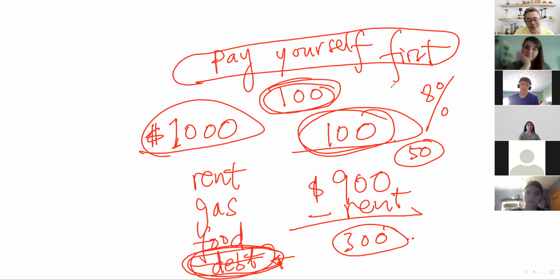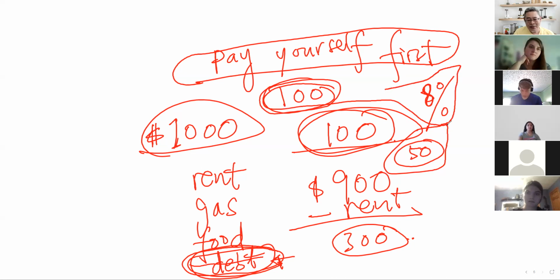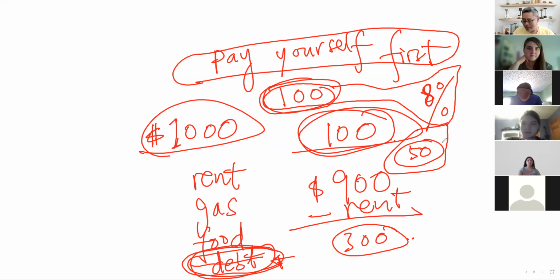Not that much, right? $100 per month. You guys can do that, right? Yeah, that's actually pretty realistic for me. Okay, put the $100 a month into a mutual fund or index fund. An index fund is actually pretty good. Then see how that works out. And next time we'll derive a formula for this, and you can see the difference.